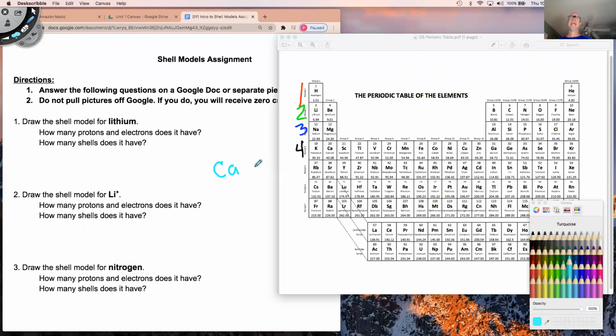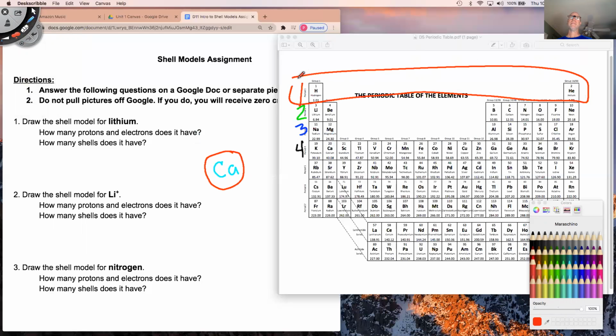Now, this calcium has a bunch of shells going around the outside. My question to you is, what color would the first shell be? The first shell would be red. Why? Because this is the first shell. This red color right here is shell number 1. Okay. What color would the second shell be?